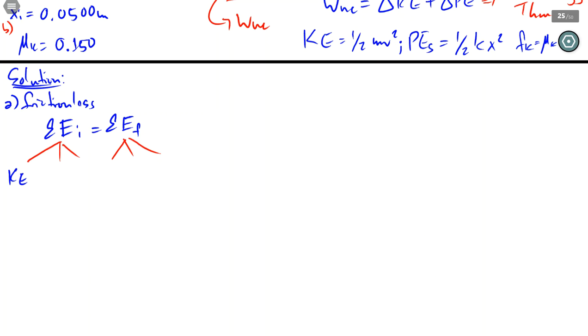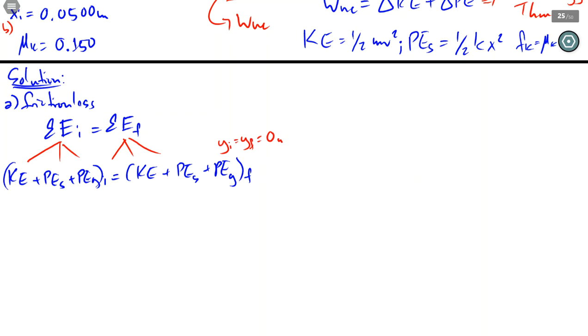Okay? And also, we can split this up into kinetic energy and elastic potential energy. I'm going to include initial energy and final energy. Okay, but take note, what is our y position here and final, especially at 0? So that term is just going to go away.